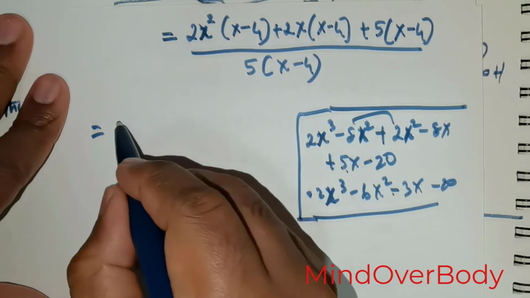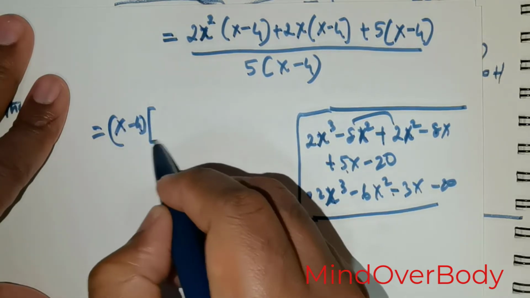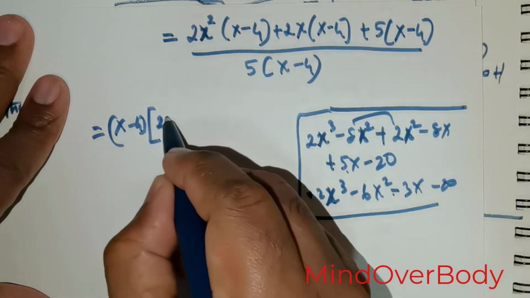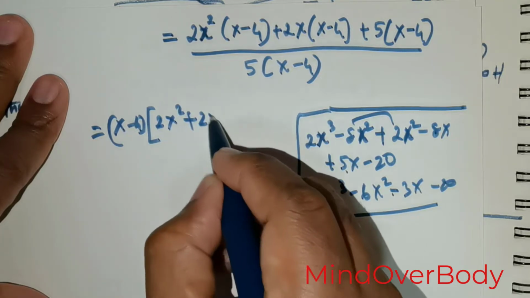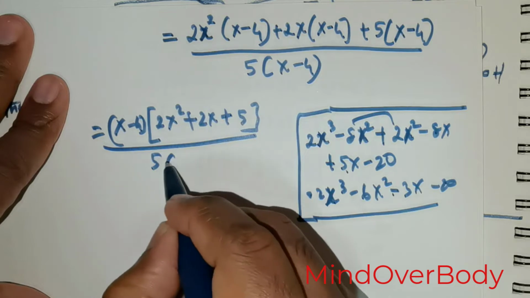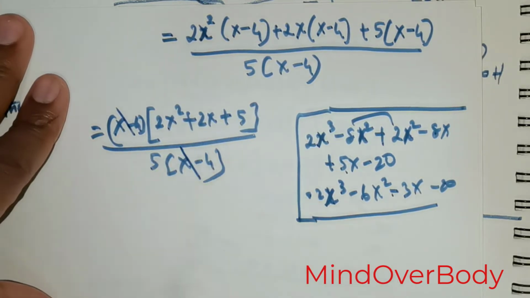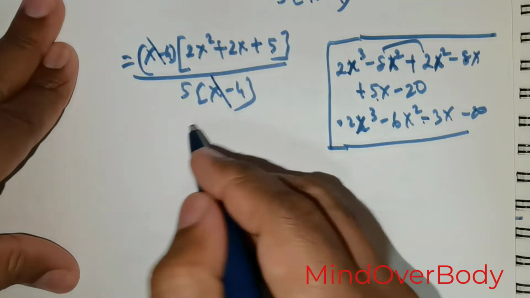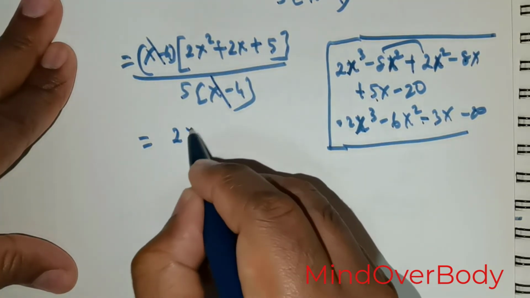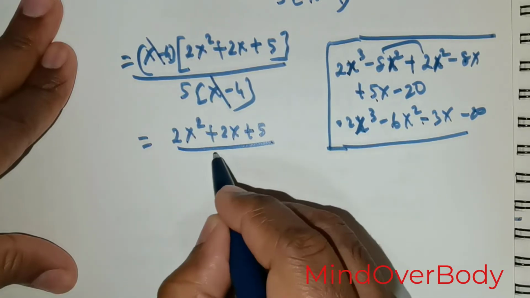So I'm going to take x − 4 as a common factor and place all other terms, giving (x − 4)(2x² + 2x + 5) divided by 5(x − 4). Now x − 4 can be cancelled, so that gives (2x² + 2x + 5) / 5.